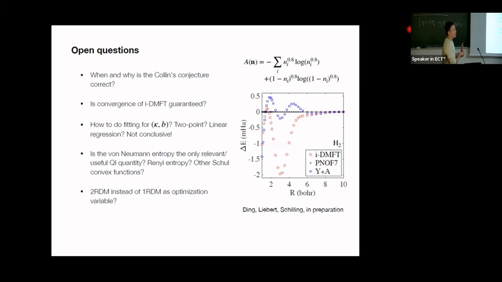This is a very well-chosen set of exponents, so we compare to the RDMFT results. So this Y plus A is the Hartree-Fock functional plus this term designed by us. And you can see that it gets much better than RDMFT. So it opens up a whole branch of questions on how to design new functionals based on quantum info quantities.